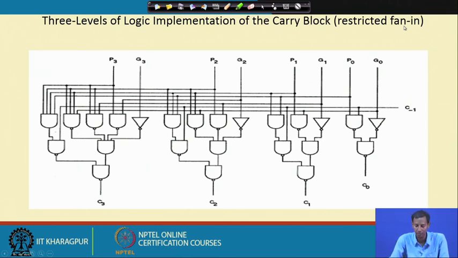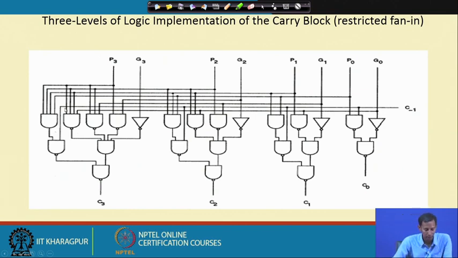Restricted fan in means that I restrict the maximum number of fan in to 3 or 4, so it cannot go beyond 4.